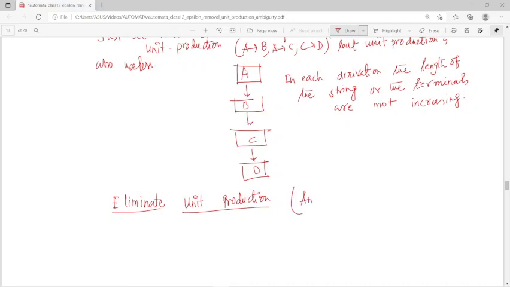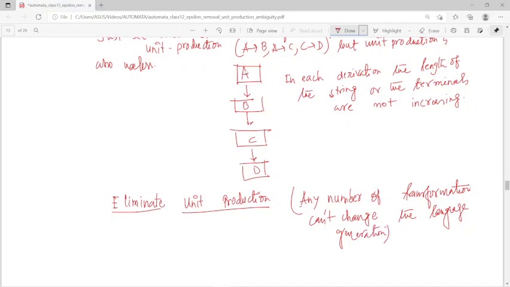What is the problem? That means any number of transformations actually cannot change the language generation.